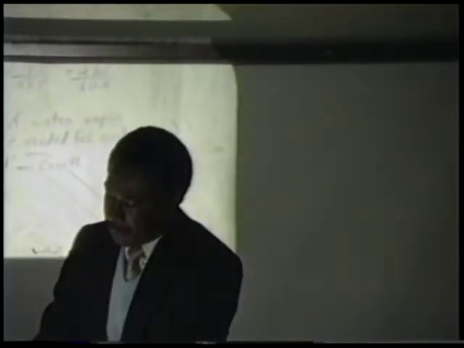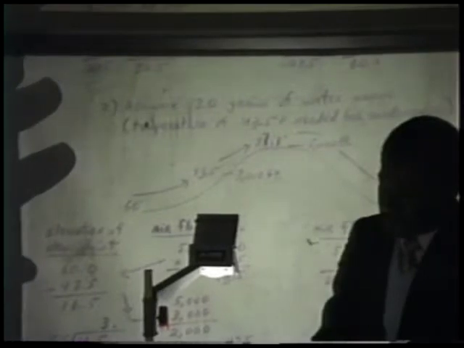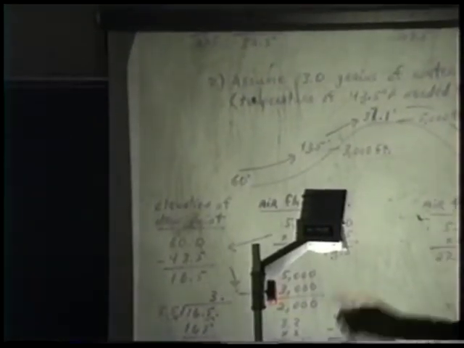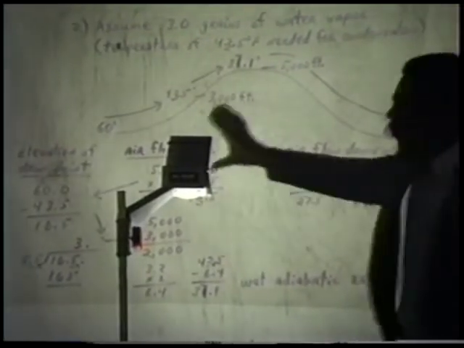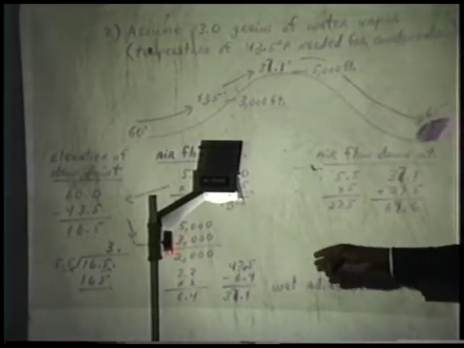Okay? So let's see how we actually get this information. And as you record this, you need to follow the arrows. In other words, you can record this first, then follow the arrows around this way.